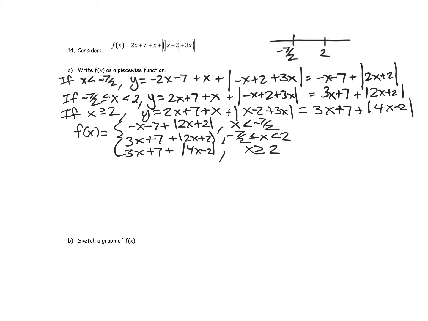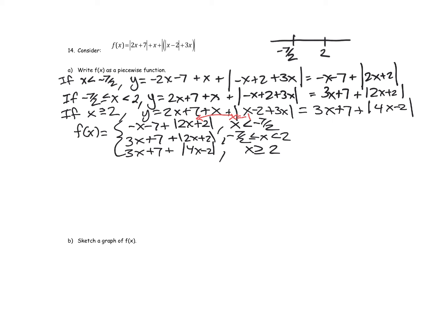All right, so now I have to get rid of this final absolute value. I notice in my first piece, the absolute value of 2x plus 2 changes sign at x equals negative 1. Well, the interesting thing here is that piece is defined for all values less than negative 7 halves.